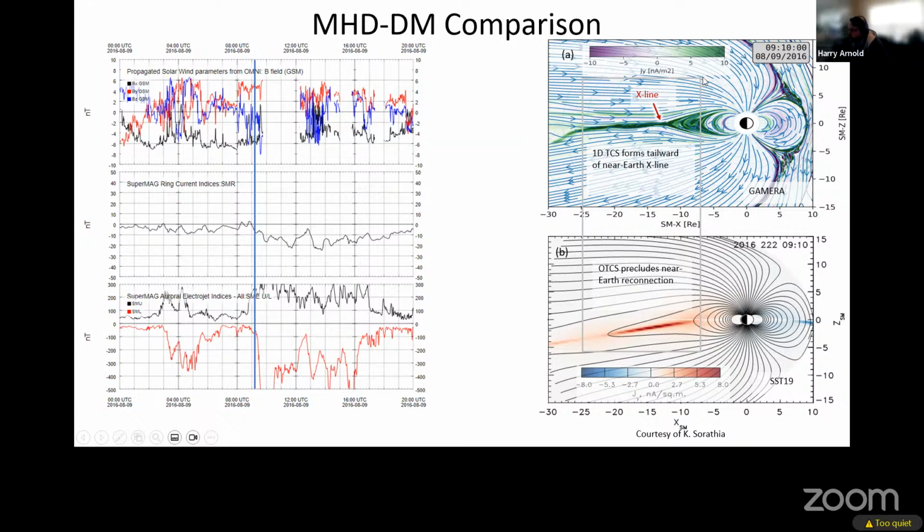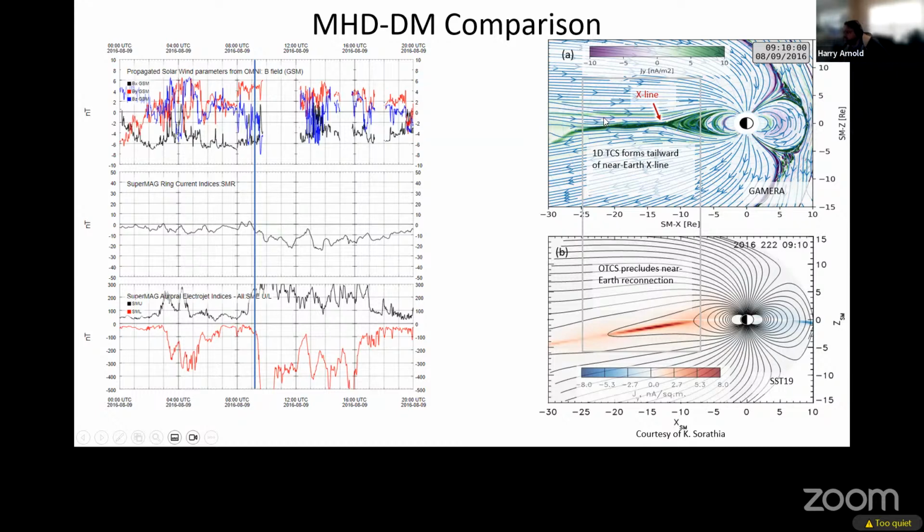And what's interesting is how different these two images look. Basically, the MHD version of this substorm is showing that you get an X line too close to the Earth, as sometimes happens in MHD. But then tailward of that, you do get a nice thin current sheet.